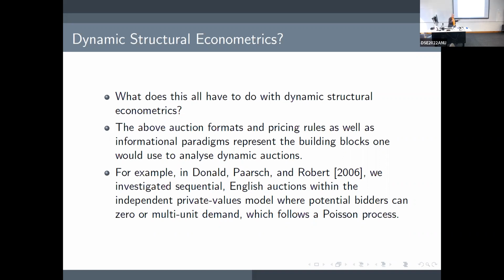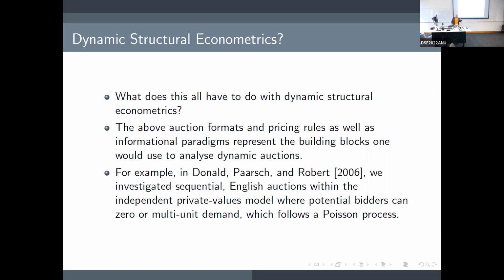And at different auctions, there would be different numbers of bidders. So we needed a way of having different amounts of competition from the same group, as well as different amounts of demand. And the Poisson did that.